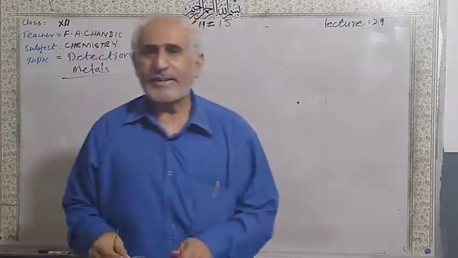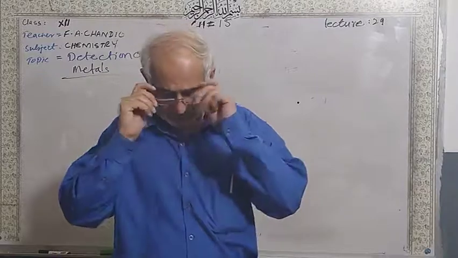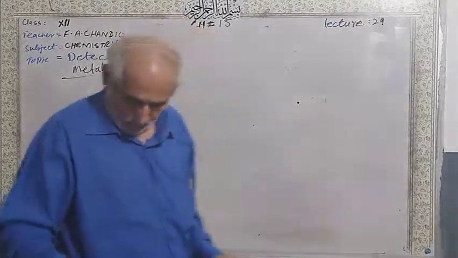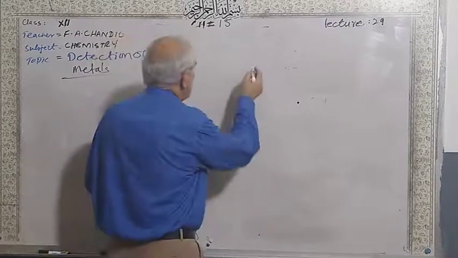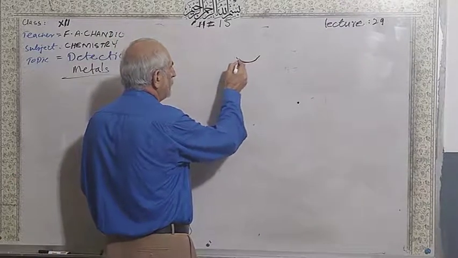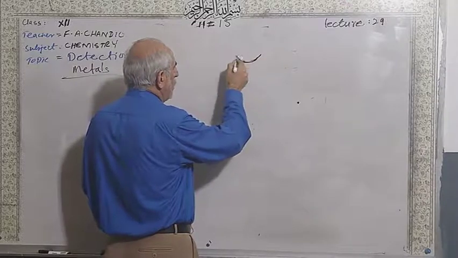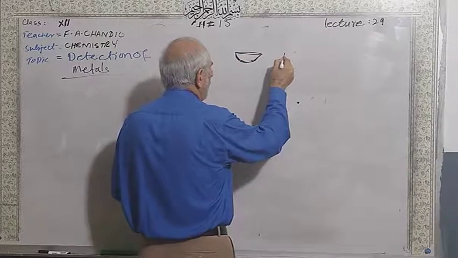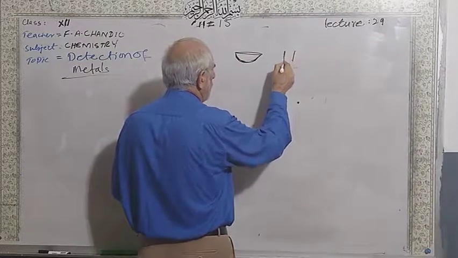How are metals detected by using the test? There is a cyanoacrylate material. This is called a cyanolysis, and the line is small.